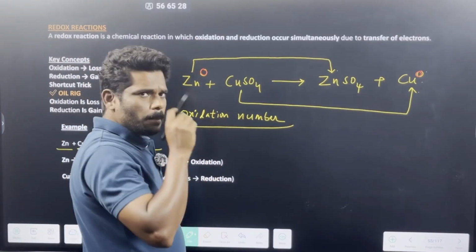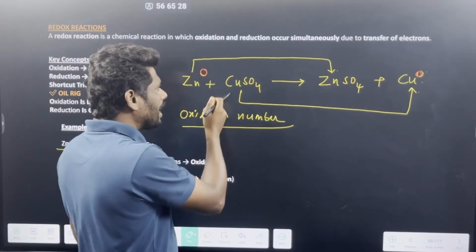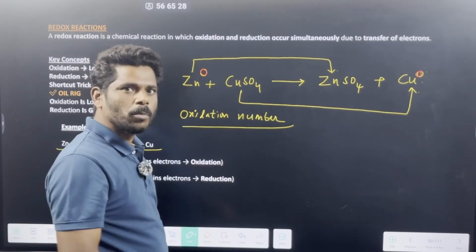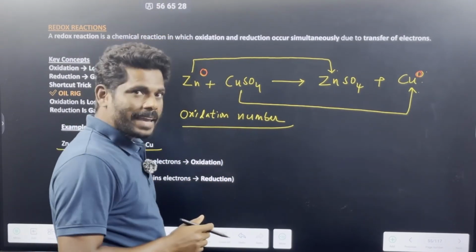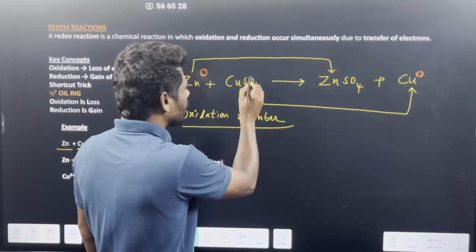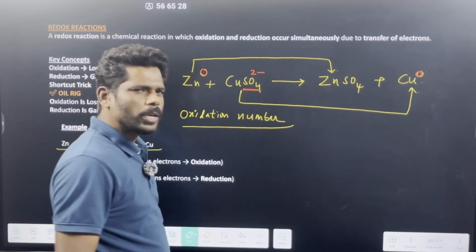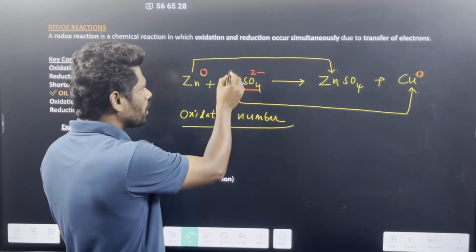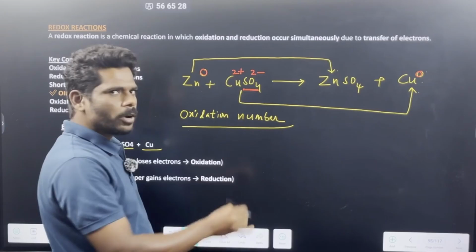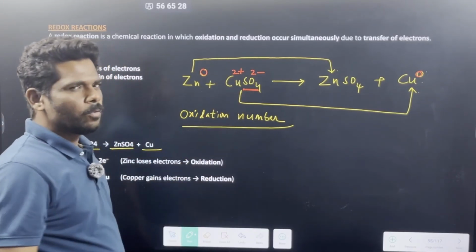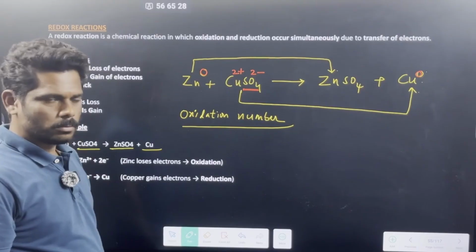Now let us find the valency or oxidation number of copper in the copper sulfate compound. From polyatomic ions, we know very well. See, for sulfate, its charge will be -2. We know it very well. To balance this -2, copper must carry +2 on it. So then only +2 and -2 will be nullified and 0.